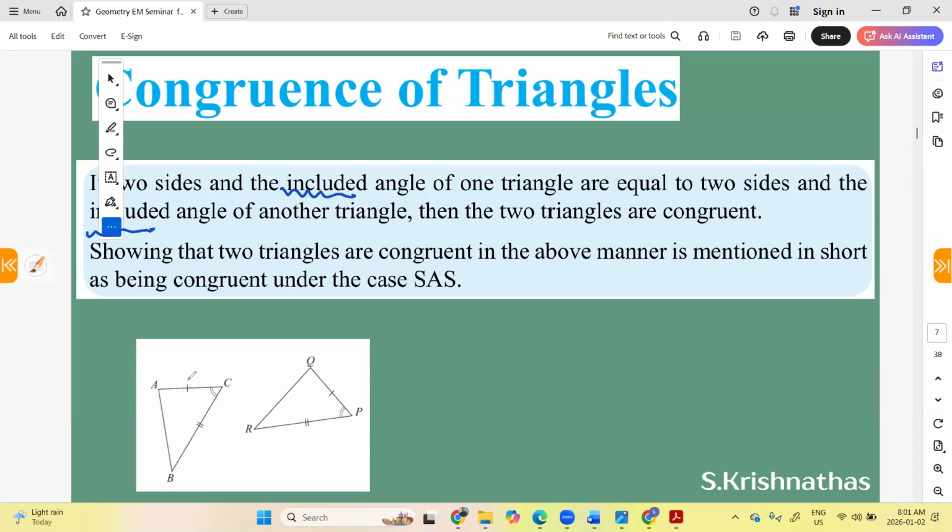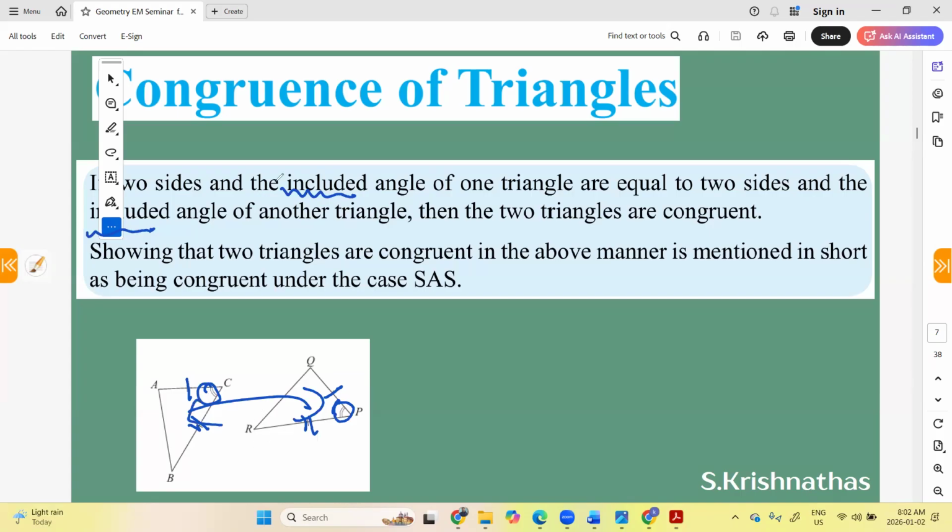Here, students, this side equal to this side and this side equal to this side. If the angle formed by the meeting of these two mentioned sides is equal to the angle formed by the meeting of those mentioned sides, then these two triangles are congruent.